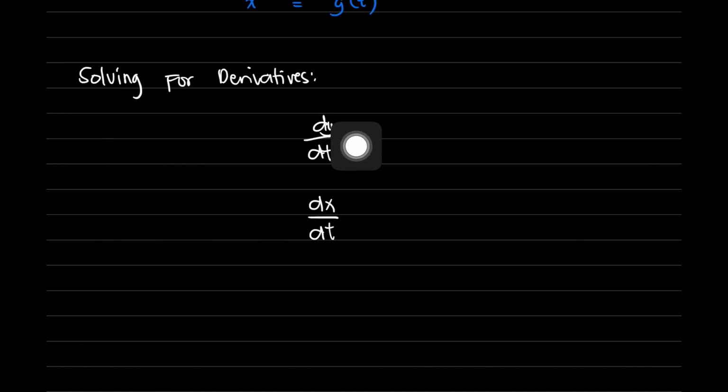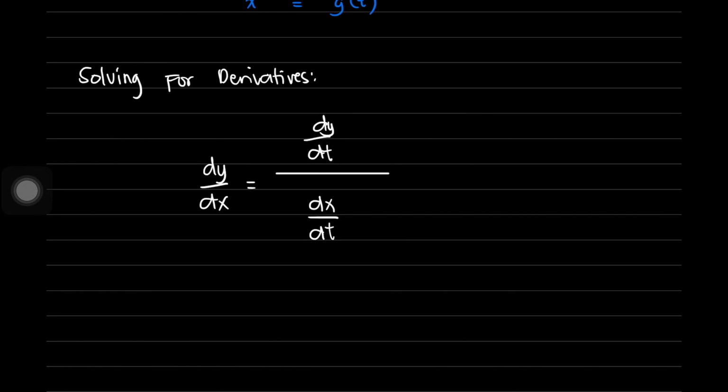After solving for the derivative of y with respect to t and the derivative of x with respect to t, we're going to divide the two results. So the resulting expression when we divide dy over dt with dx over dt is now dy over dx, or that's now the first derivative of y with respect to x.